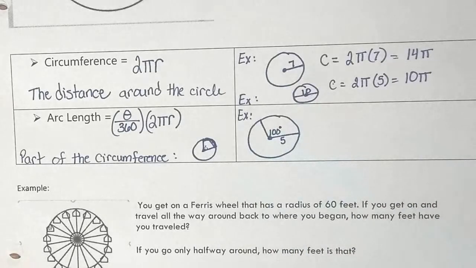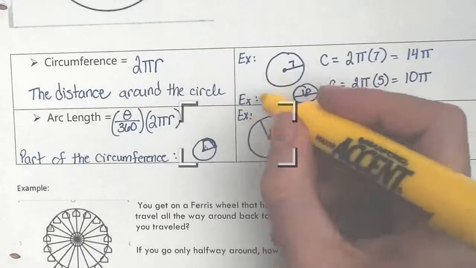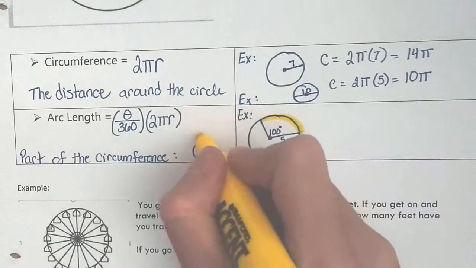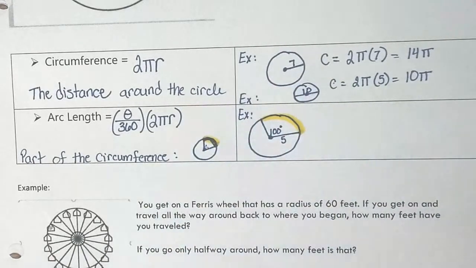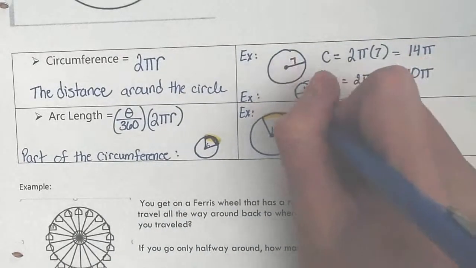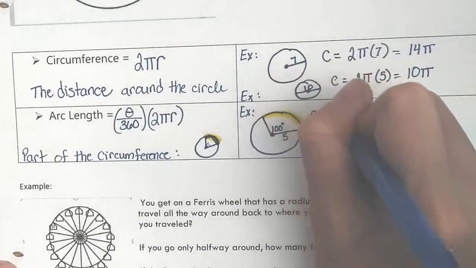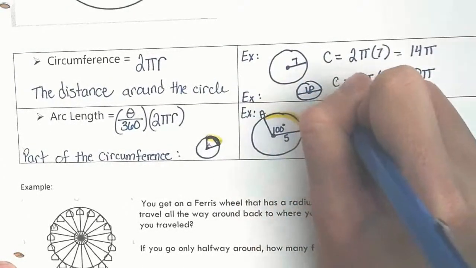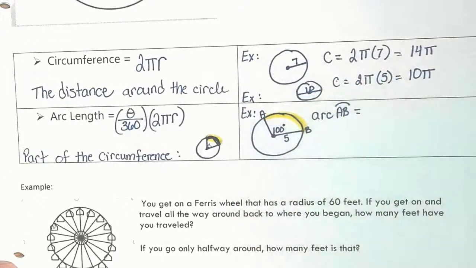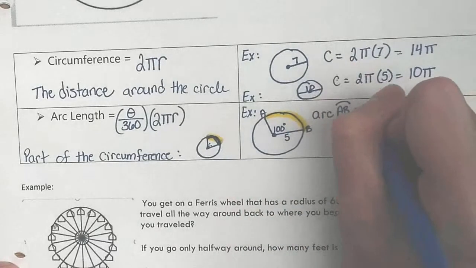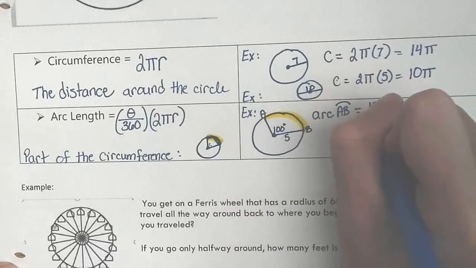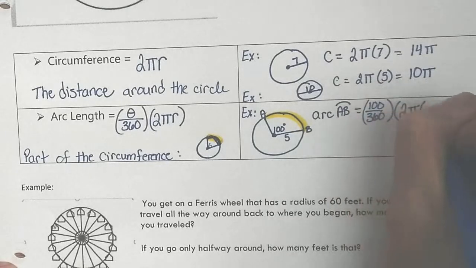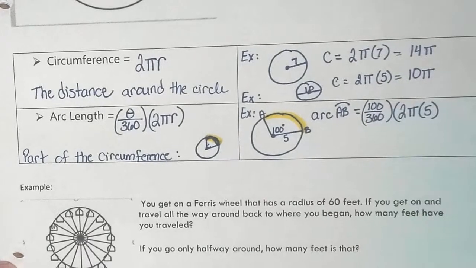So our arc length, which is going to be that length right there, is going to equal, let's call this AB. So arc AB is going to equal theta, my angle, over 360 degrees times 2 times pi times the radius.